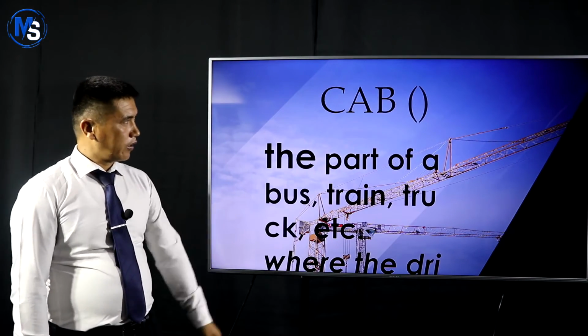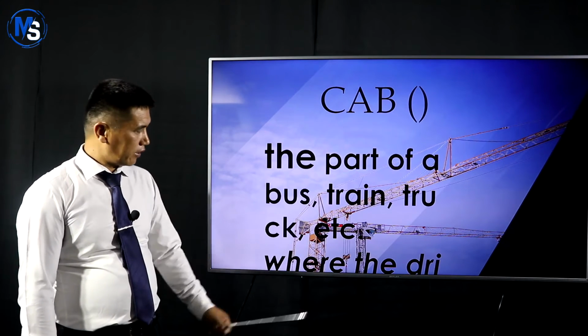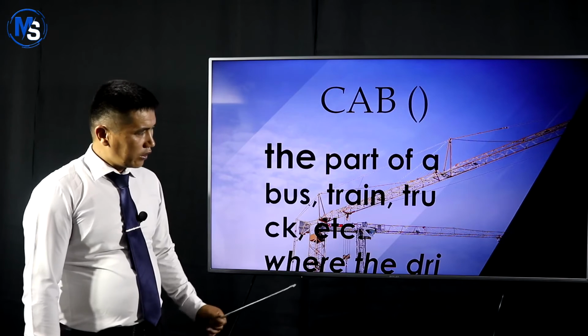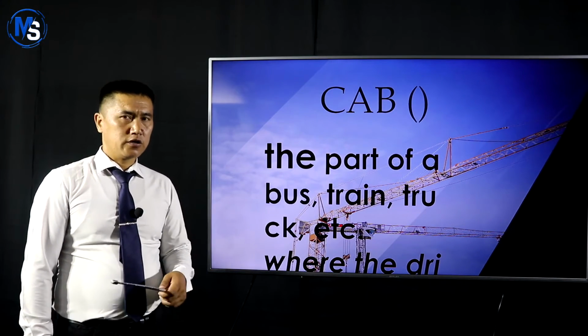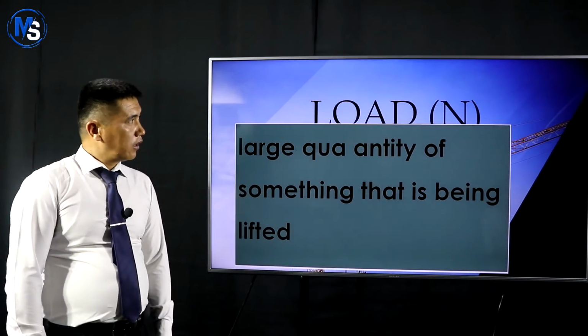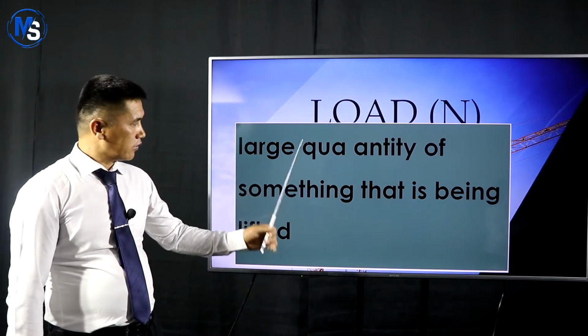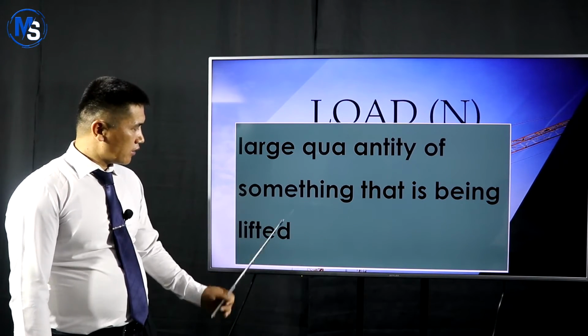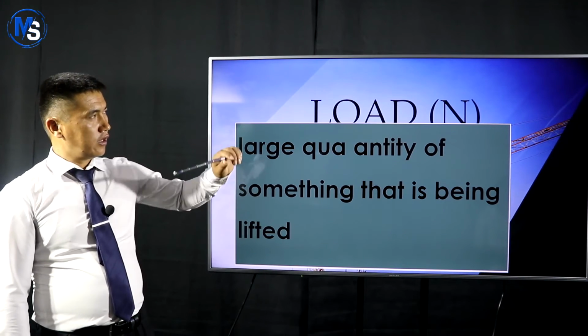The next, cab. A cab is the part of a bus or train or truck, etc., where the driver or operator sits and drives or operates the vehicle. Okay, the next, load: a large quantity of something that is being lifted from the ground to a pointed place.